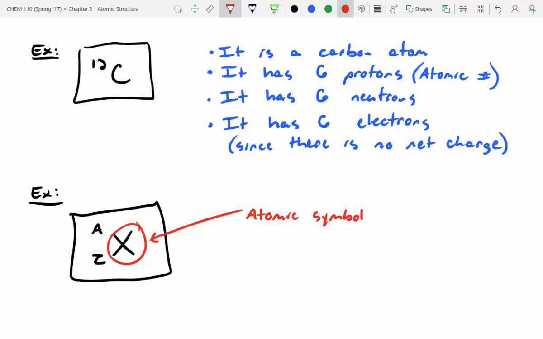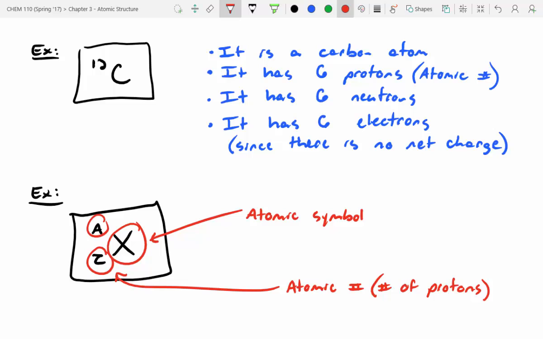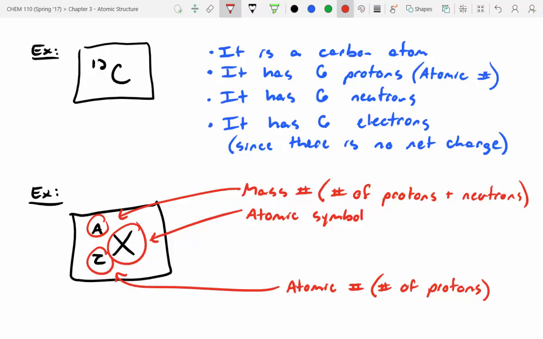Some people get lazy though, and they add this in, and this is also your atomic number. So you can include both if you want. And then up here, we said that this is your mass number, which is your number of protons plus neutrons. Does that make sense?